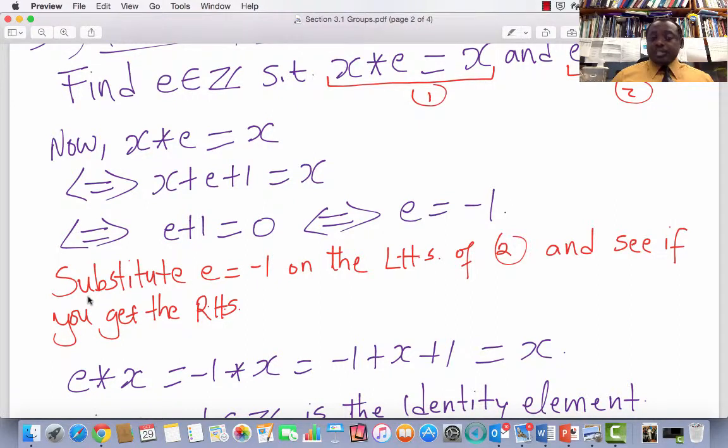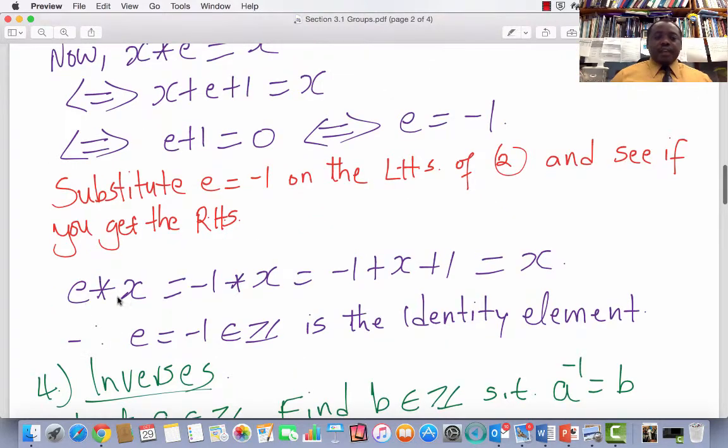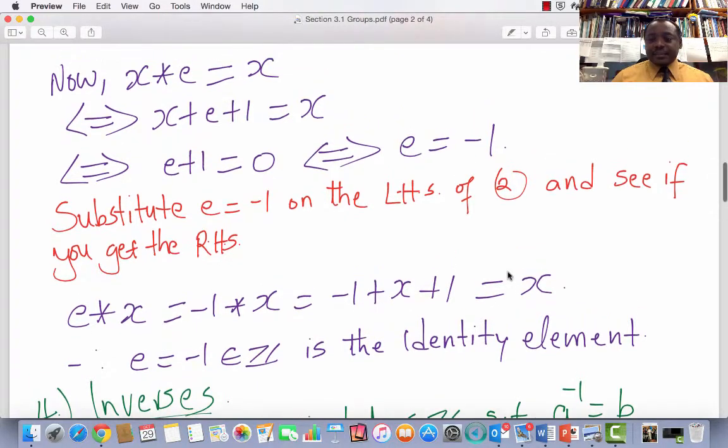So substitute E equals negative 1 on the left-hand side of equation 2 and see if you get the right-hand side. E star x equals negative 1 star x, and by the definition of our binary operation, that is negative 1 plus x plus 1, which equals x.